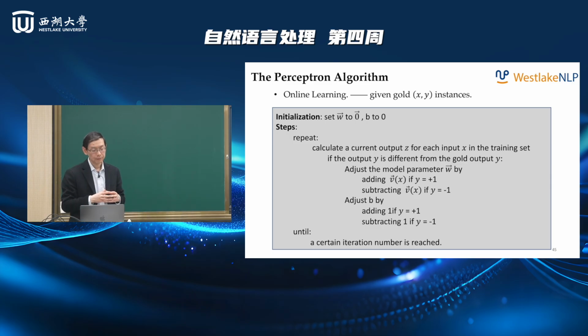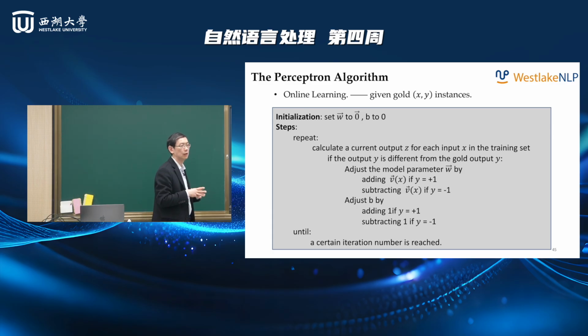As you can see from this pseudocode, if the model classifies the training instance correctly, I will just move on to the next instance. But if the model does the prediction incorrectly, then I will check whether the gold annotation is the positive class or negative class.